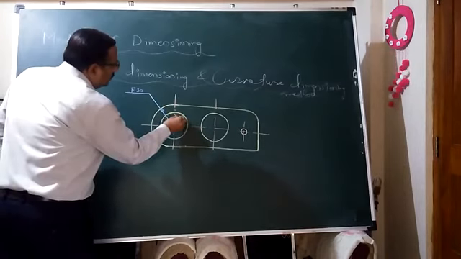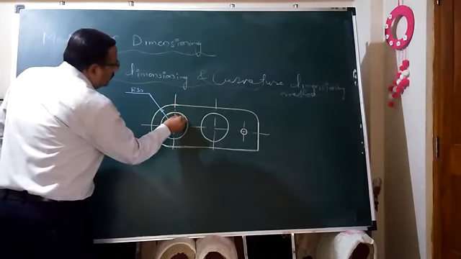So in this case, these two methods we have learned: how to show the radius, how to show the diameter. For certain holes, if they are big holes and it is possible to construct the dimension line inside, that is a leader line, you can put the dimensions on the leader line itself, inside the circle. That also we are going to learn here. See here, this hole is somewhat bigger.